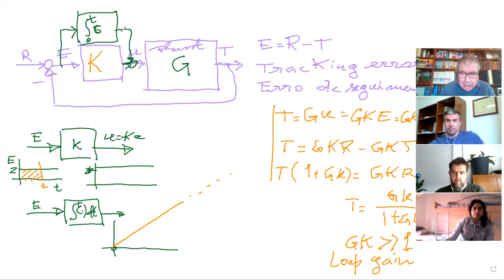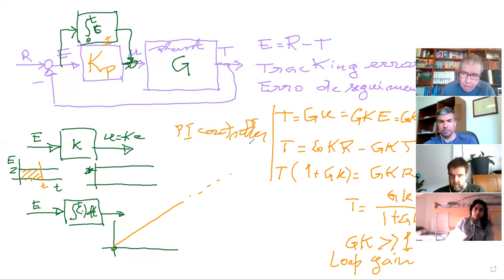And that is the trick that allows you to keep u at the correct value so that y is equal to r. Okay, this is a proportional integral controller. That's a PI controller.